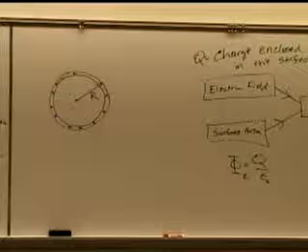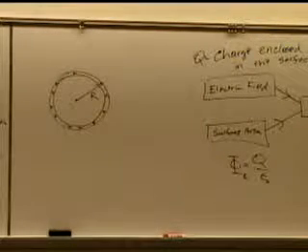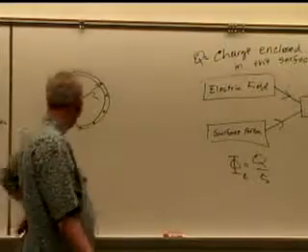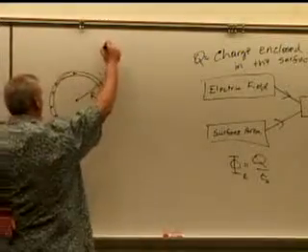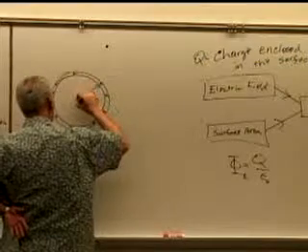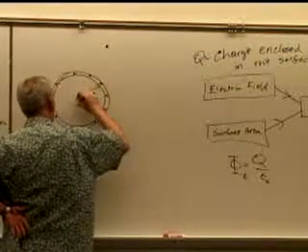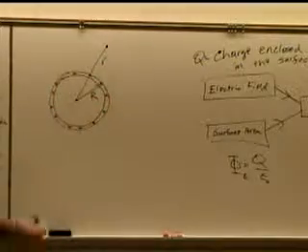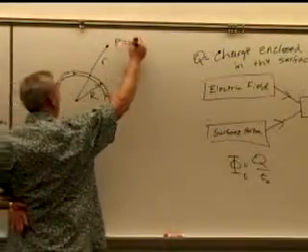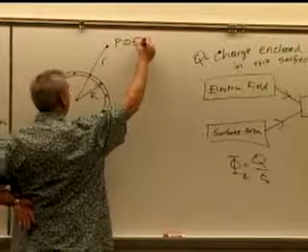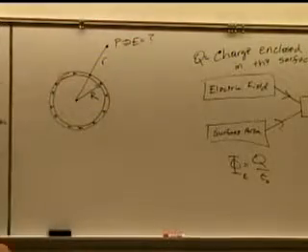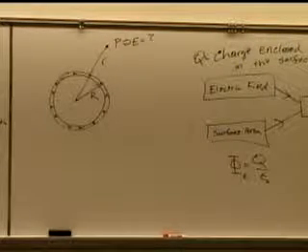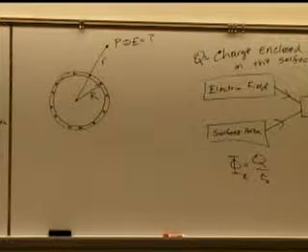Now, what we want to do is find the electric field at a point out here, at the distance R. This point P, what does E equal at P? Okay? We can do this. We have the tools, we have the talent.